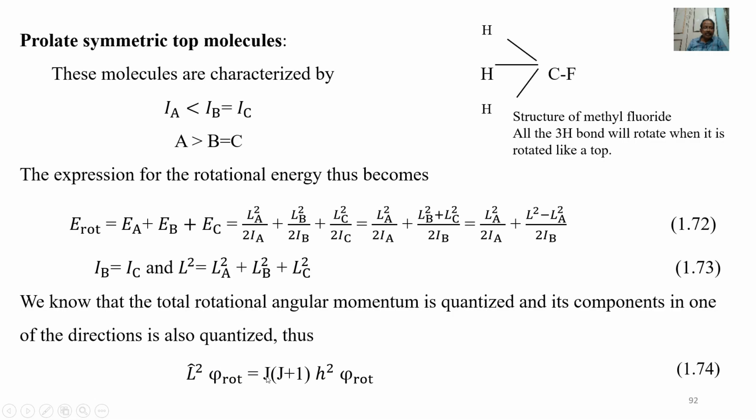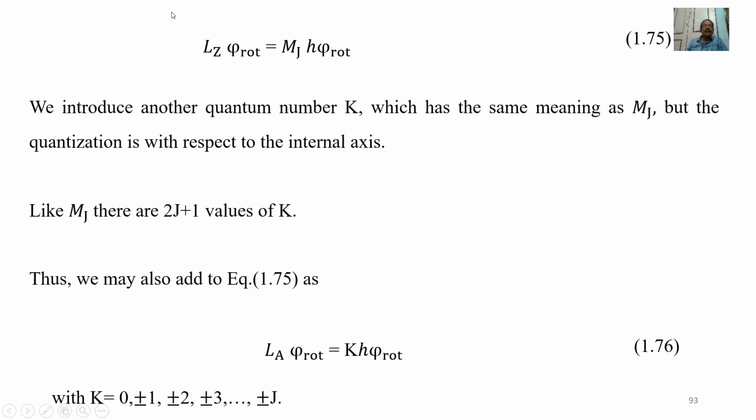Similarly, Lc operating on phi rotation gives the eigenvalue, which is nothing but mj h phi rotation. So we introduce another quantum number K, which has the same meaning as mj, but the quantization is with respect to the internal axis.